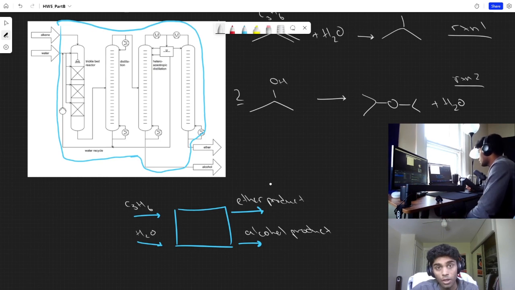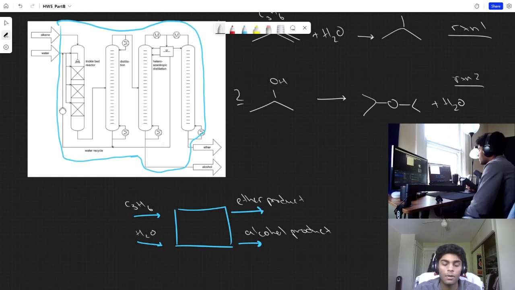And again, we call it this way because it's probably not going to be a 100% pure product. 100% pure is crazy. It's not something that happens very often, if ever. And so we can simplify this down to having an ether product and an alcohol product.